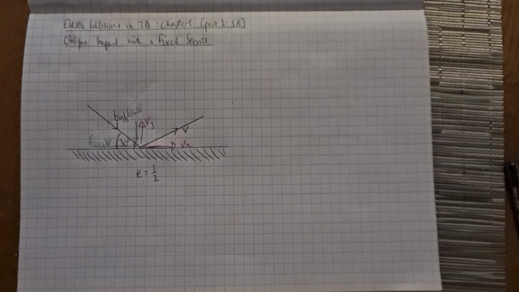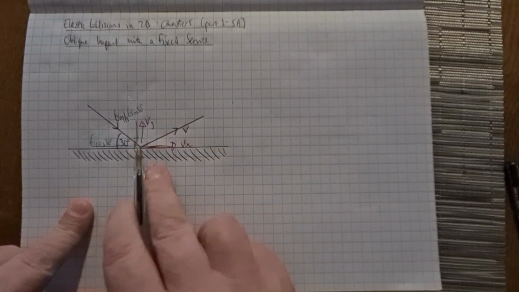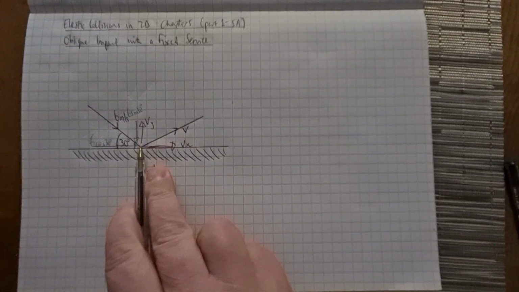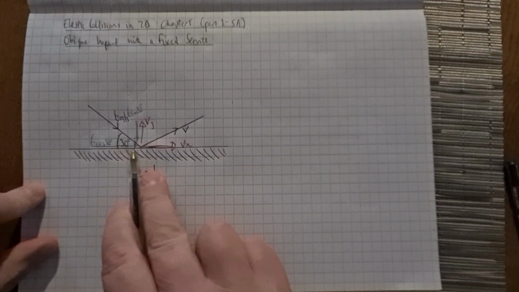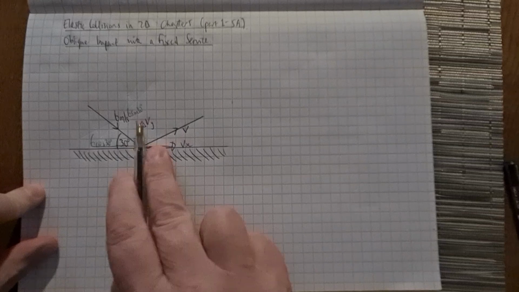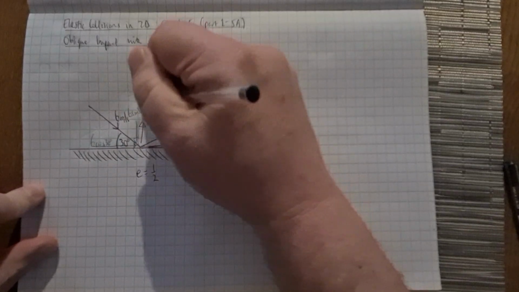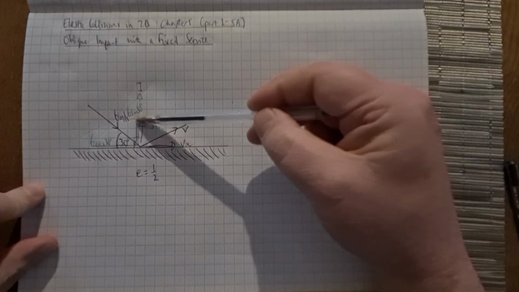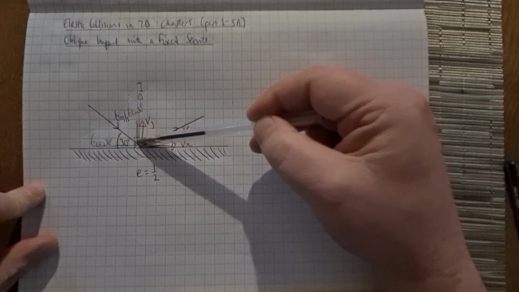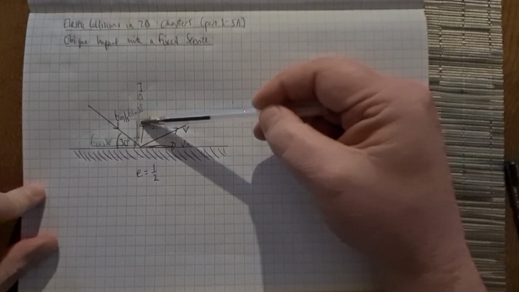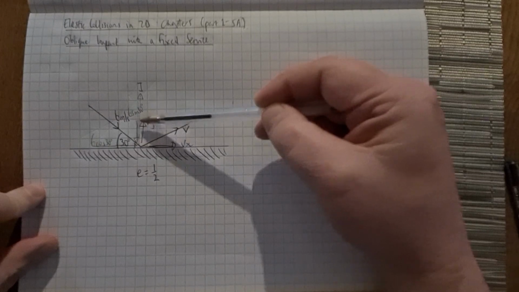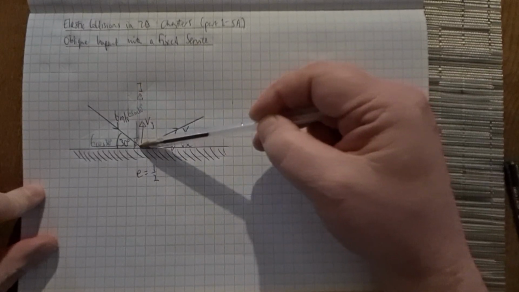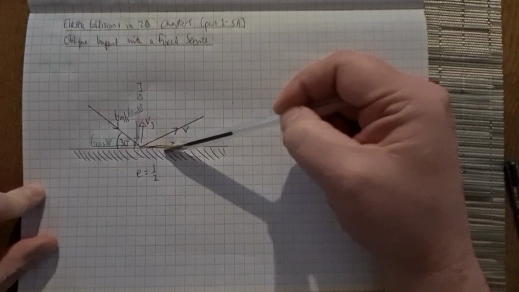Now it's important to note that the impulse provided in this collision is going to be perpendicular, at right angles to the surface. So the impulse changes the direction from into the plane to the other direction there.